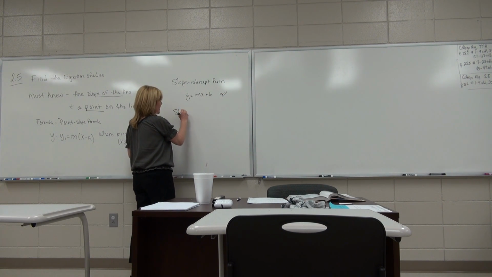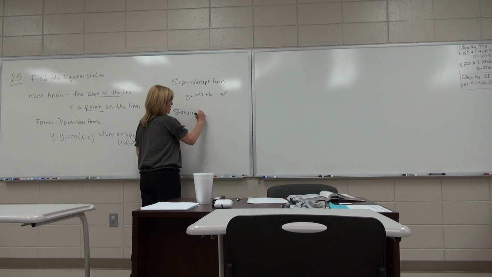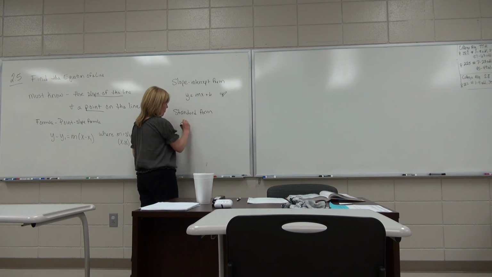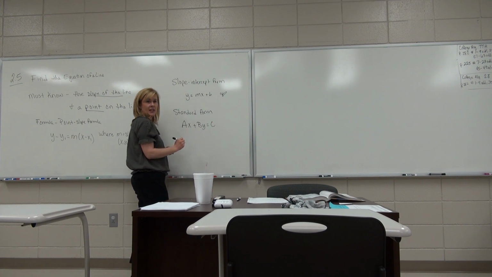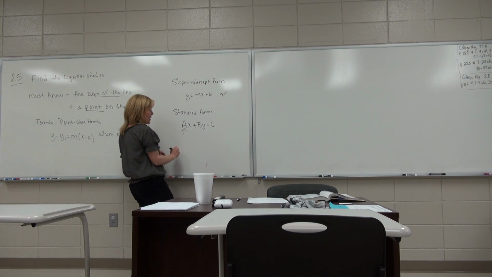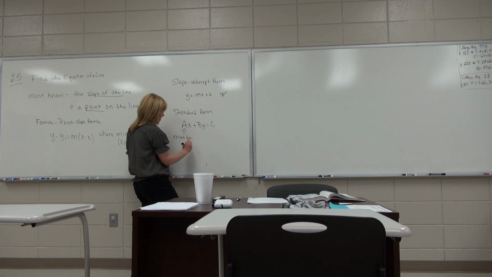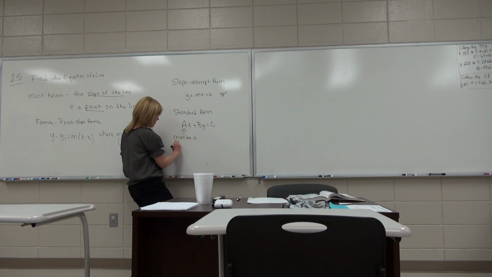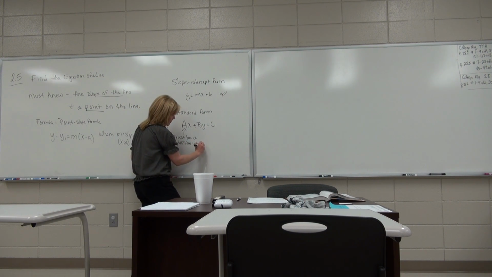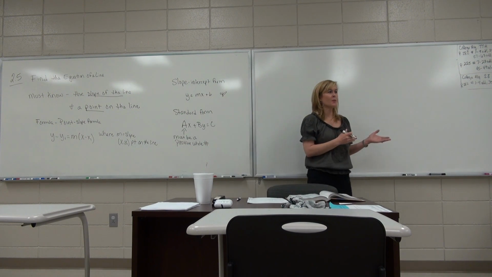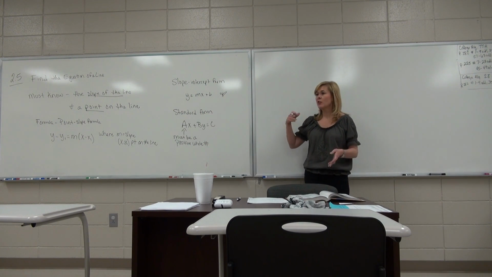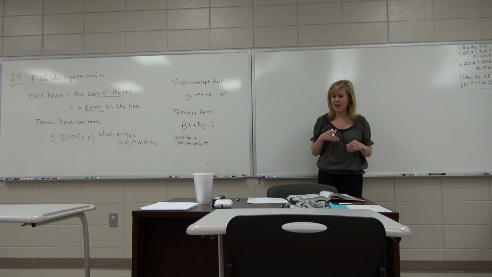Or you could have standard form, when your x and y are both on the same side. The only kicker with standard form is that a, the number in front of x, must be a positive whole number. So if you have a fraction, you have to multiply everything by the least common denominator. If it's negative, you have to multiply everything by negative to change those signs.